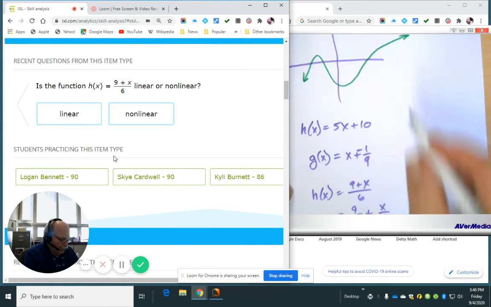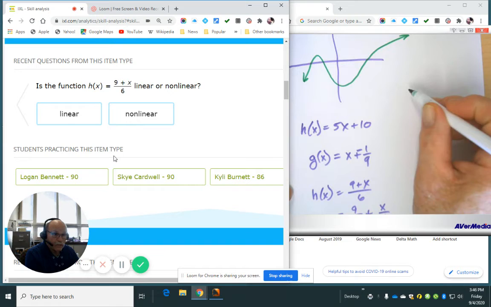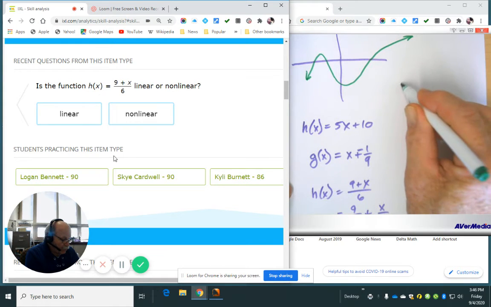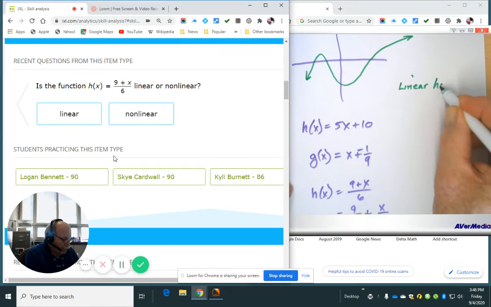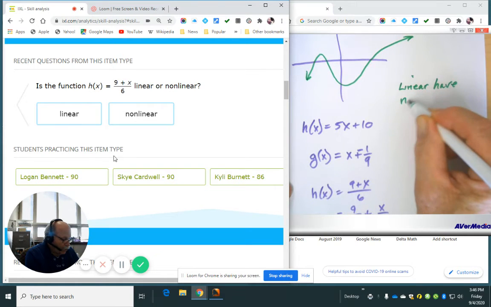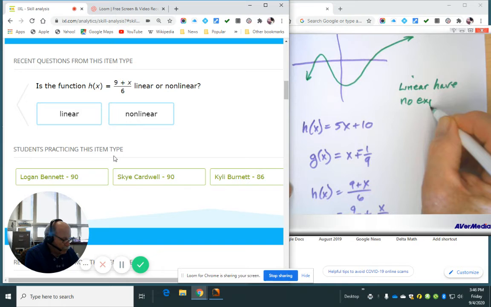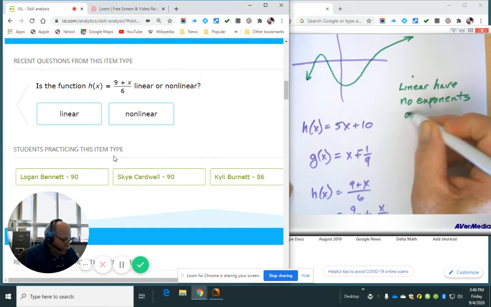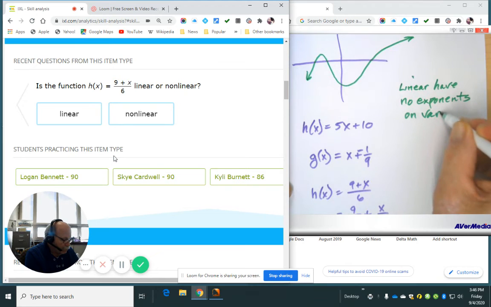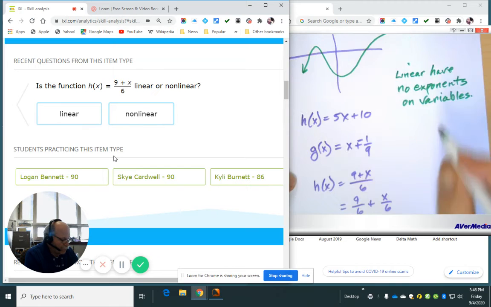And the other thing about linear equations is linear equations have no exponents on the variables. Okay, that's the first thing.